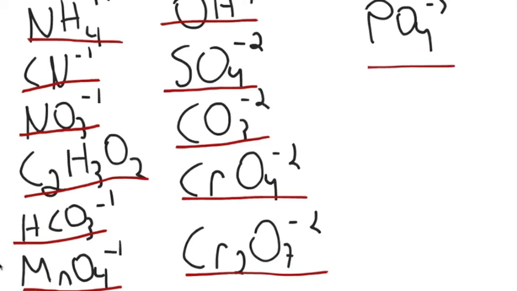These complex ions are treated once again as if they were individual ions that you would find on the periodic table. And I'm about to show you what I mean by that. So let's take an equation, for example.